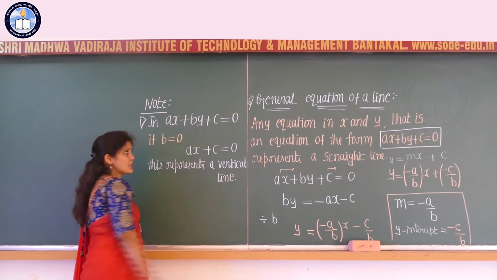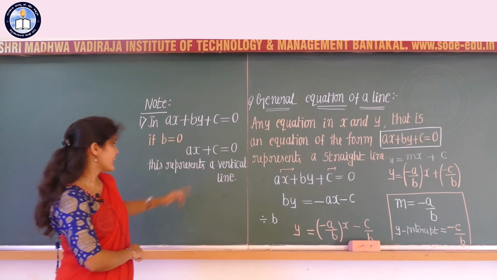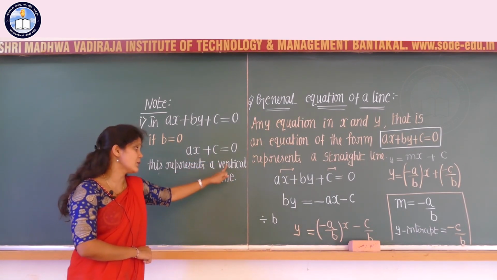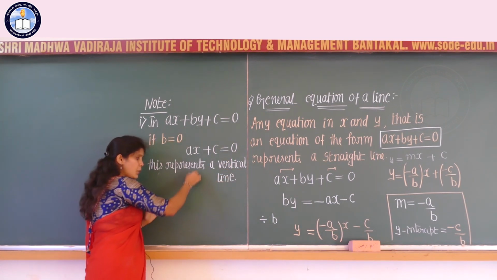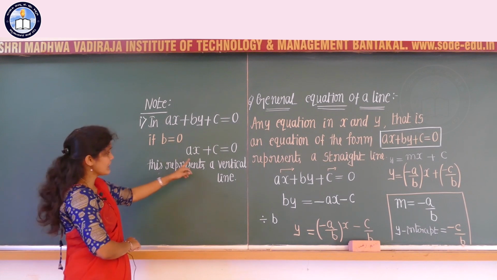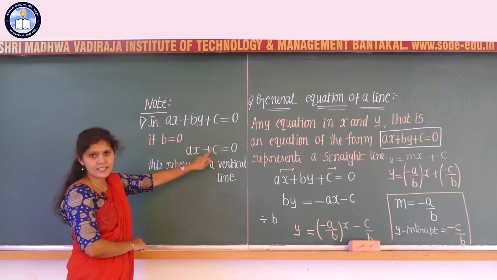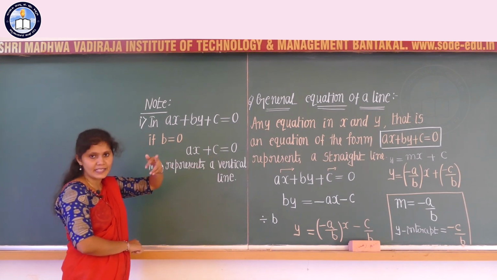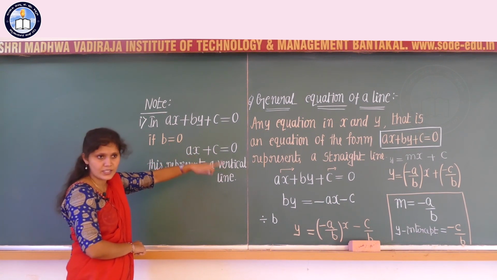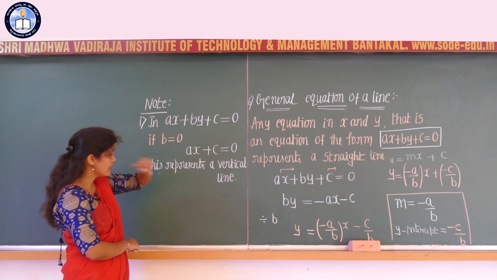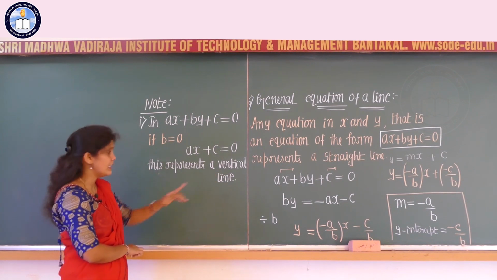So, in this equation, if b is equal to 0, then ax plus c equal to 0 is nothing but the vertical line that passes through the x-axis, correct? x is equal to minus c by a, where c is a constant which belongs to real numbers and a is a constant. So, minus c by a represents one vertical line.